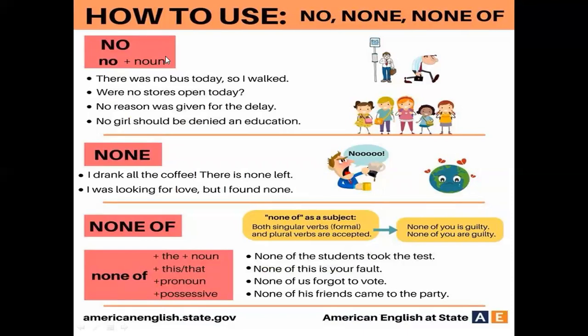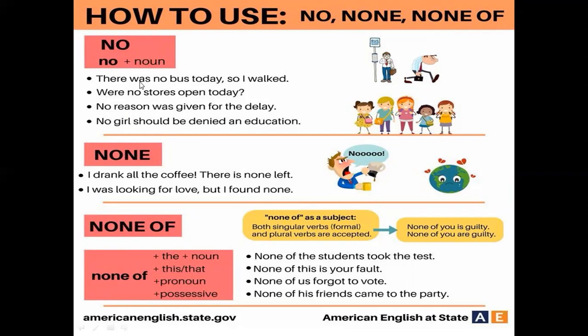The next determiner is how to use no, none, and none of. As I told you previously, we can use these determiners in very formal contexts. For example: there was no bus today, so I walked. After no, we need to include a noun, which can be singular or plural.